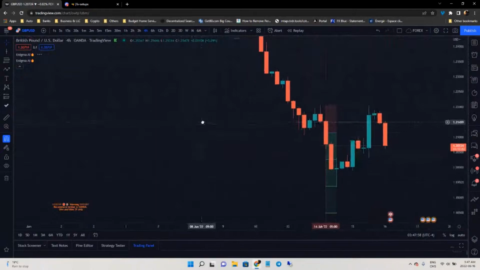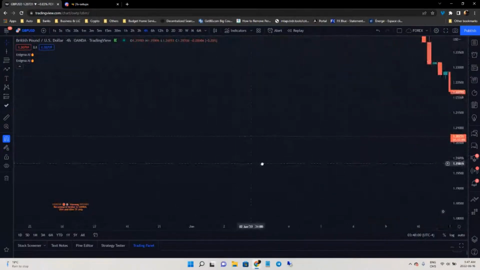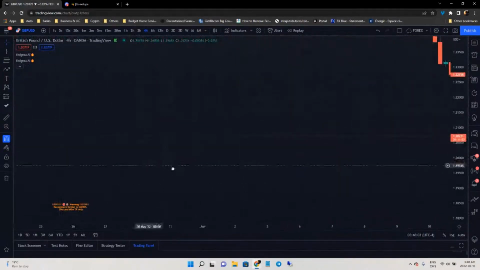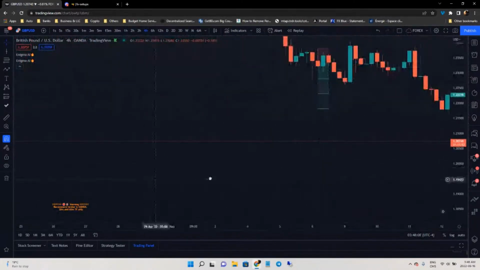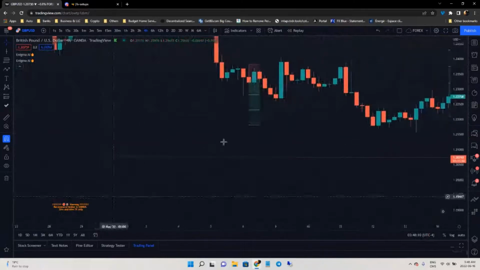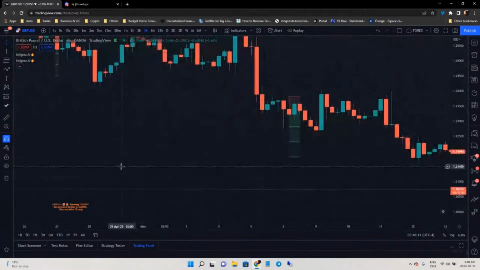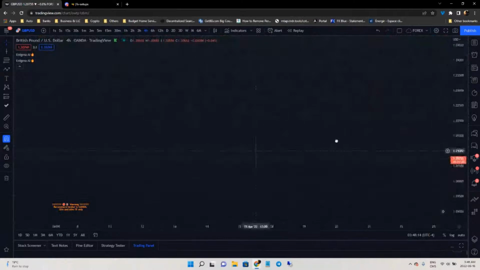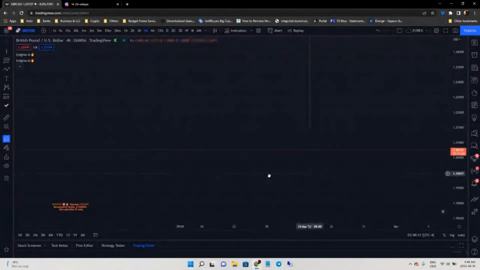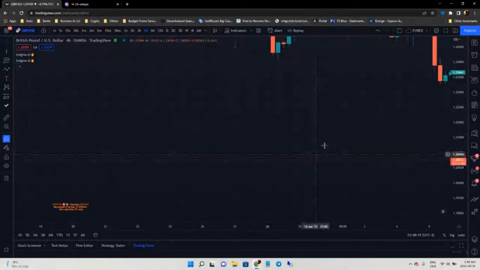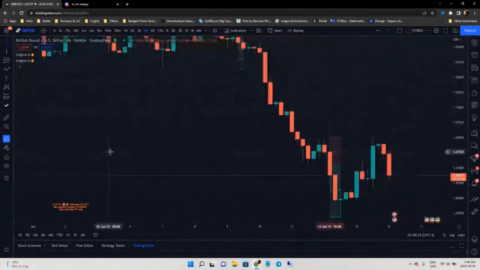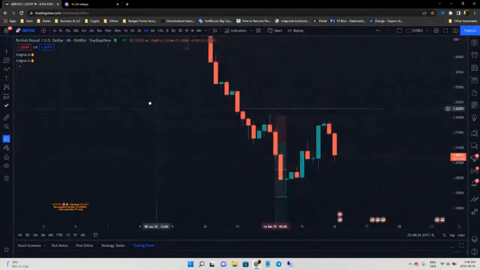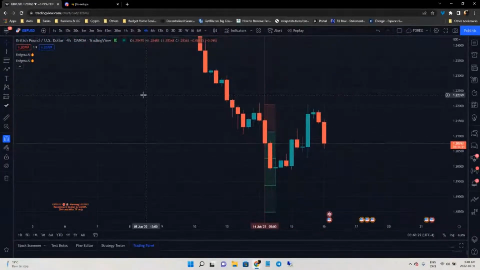Just go back on the H4 and let's go on the left. See if there was any region. It's been a while that that region was not tested. Yeah, a big while. So you wouldn't have any zone to know where the price goes.